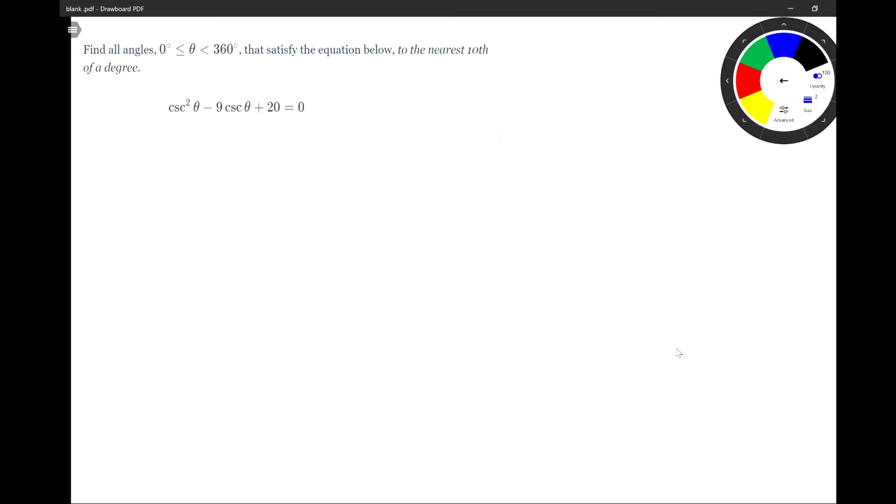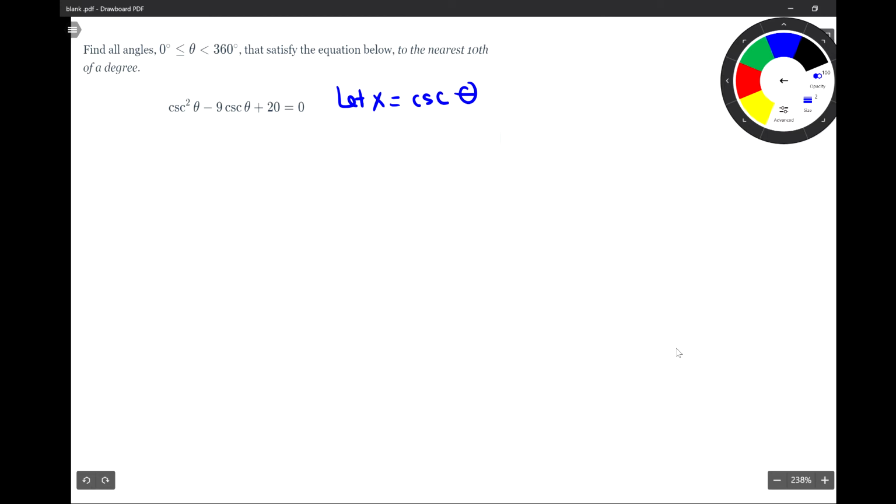So this quadratic equation, we can use substitution. If a few of you are not really comfortable with trig functions, then you can use the substitution method. So on the side, I let x equal cosecant theta.